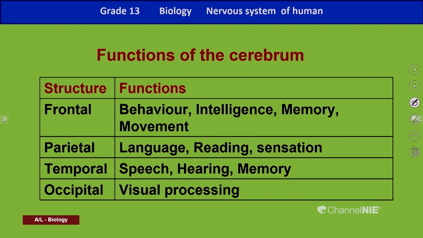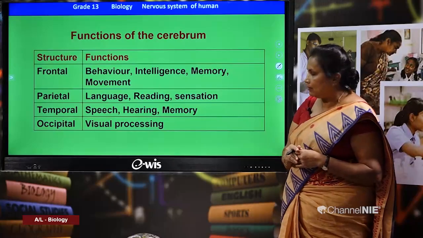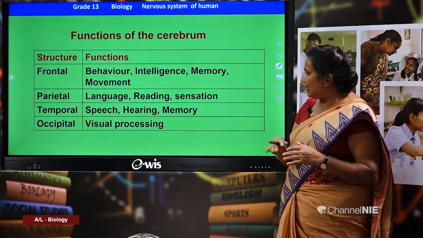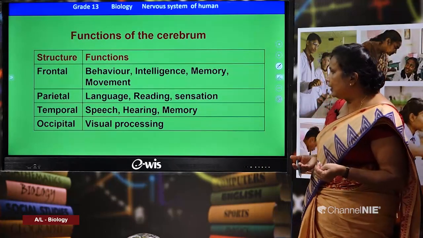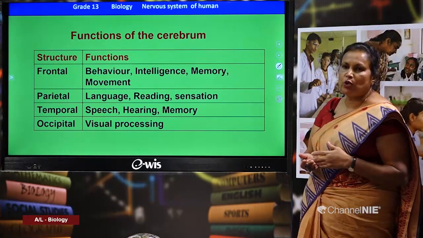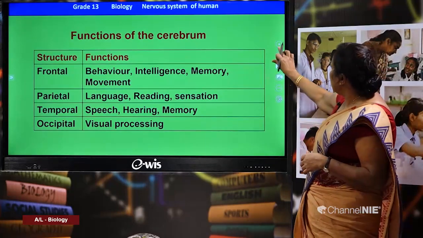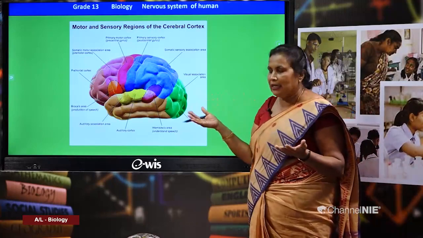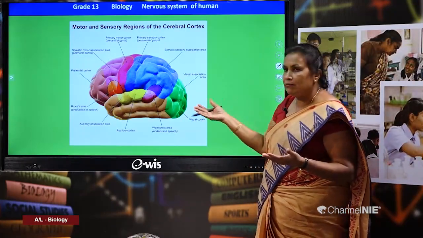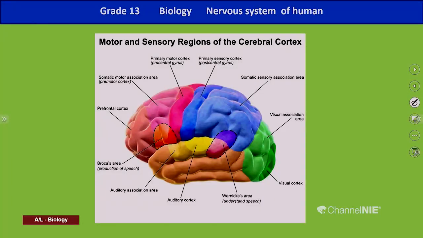In the parietal region, you can see language, reading, sensation are done by the parietal lobe. Temporal is related to speech, hearing, and memory. Occipital: visual processing.